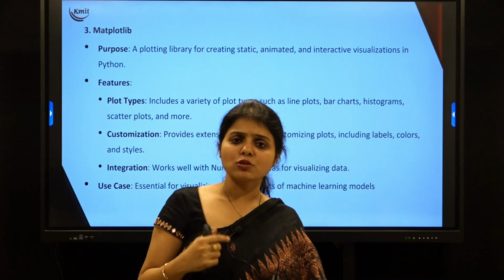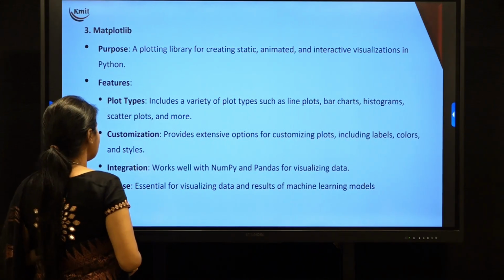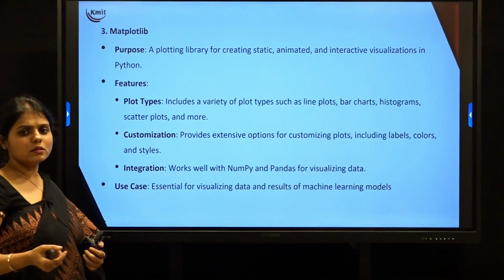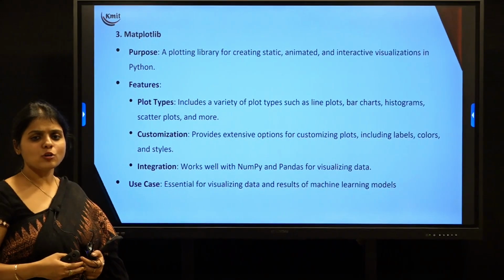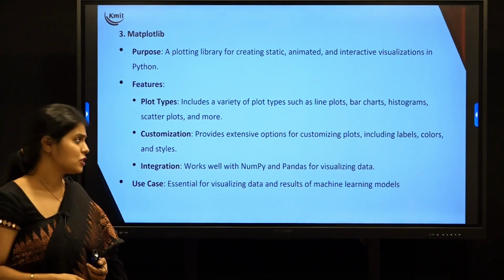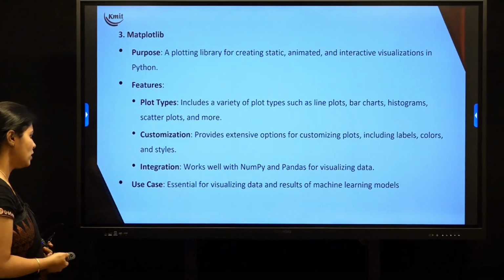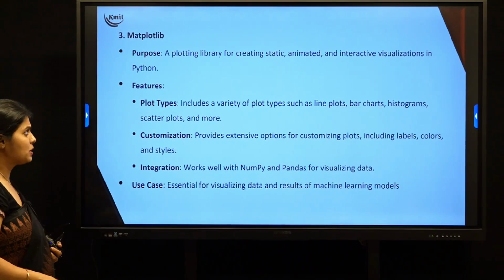Customizations on the graphs can also be done using matplotlib. When you work with NumPy, Pandas and Matplotlib, you can integrate all three modules and explore more visualizations on the data. It is basically used for visualizing data and displaying the results of the machine learning models.